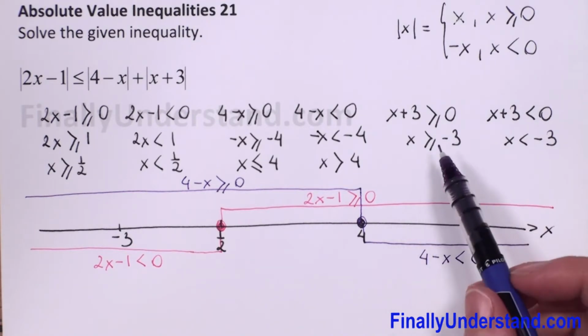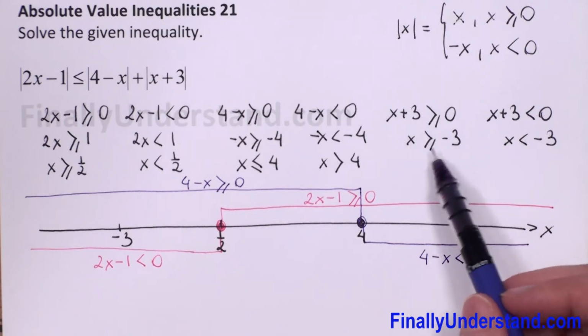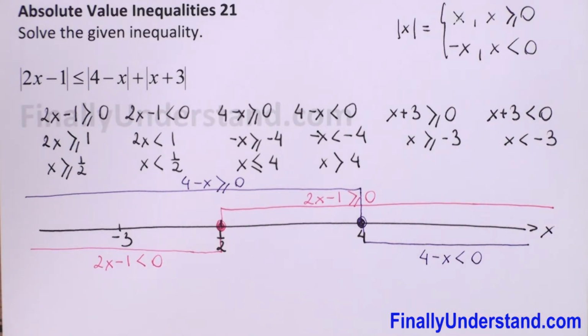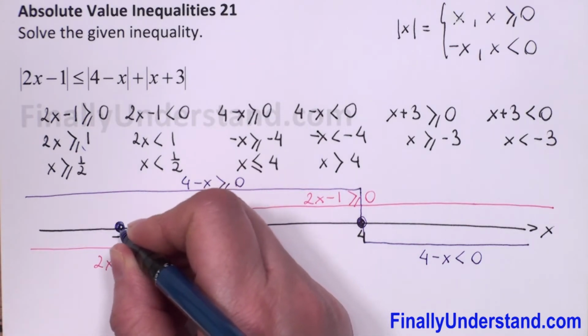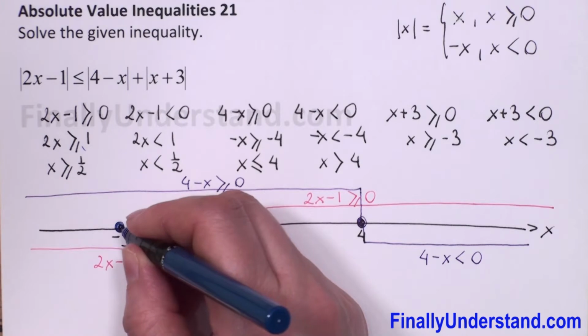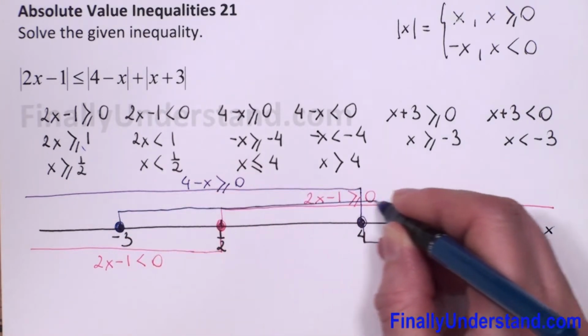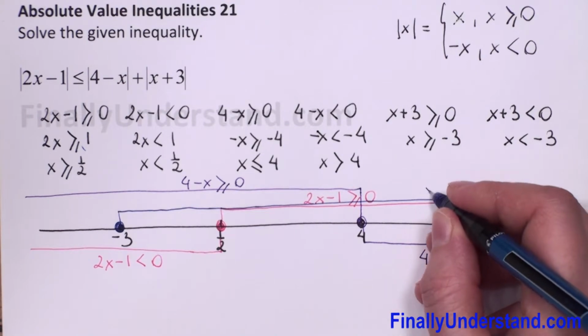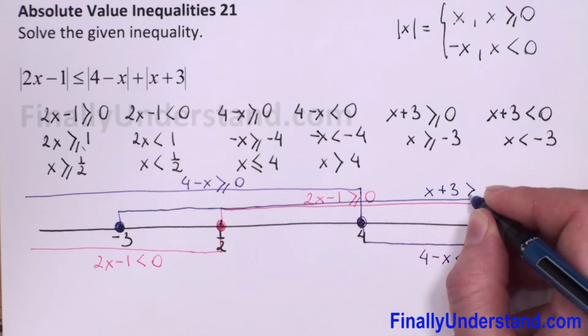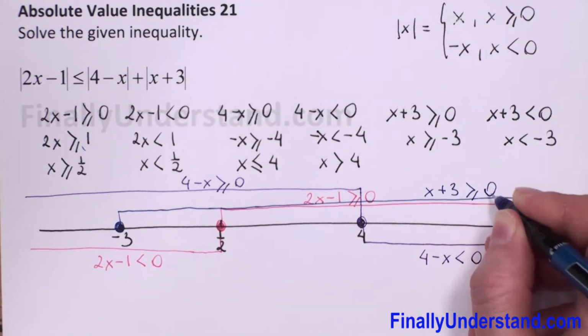And what else? We have x is greater than or equal to negative 3, so negative 3 is included. Values greater we have on the right side. This is for x plus 3 greater than or equal to 0.